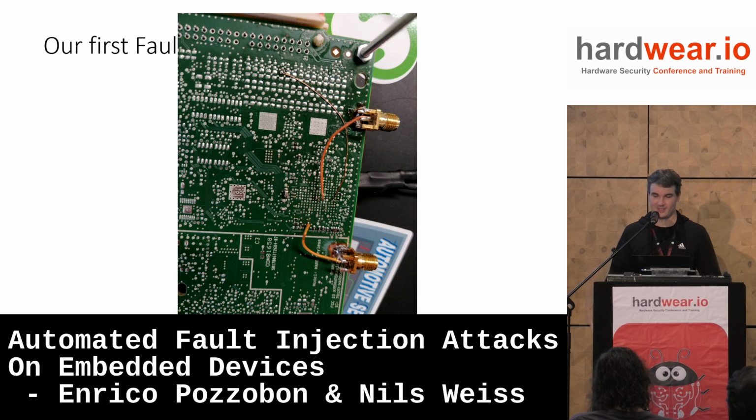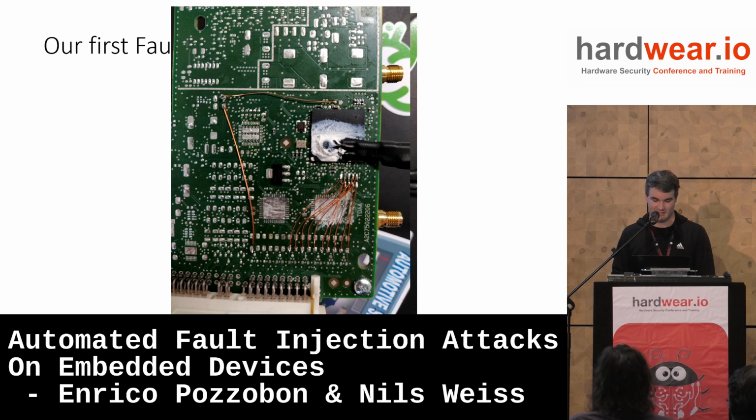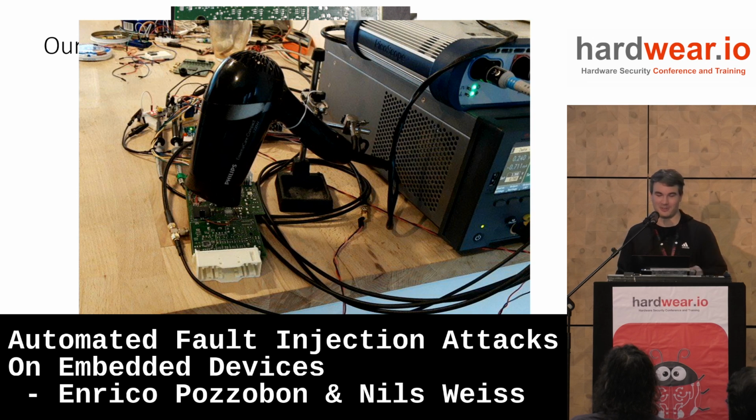We had to add additional connectors. Not only that, the fault was temperature dependent, so we needed a temperature sensor there to figure out what the temperature was. I had an automated setup with my hair dryer that would bring the temperature of the processor quite high so that the fault would work.